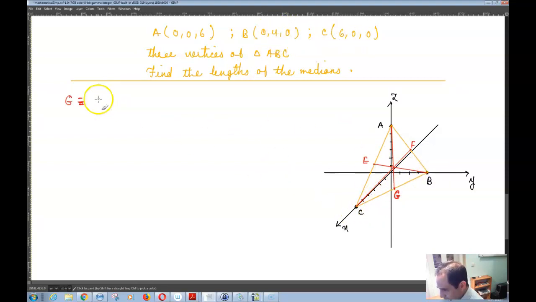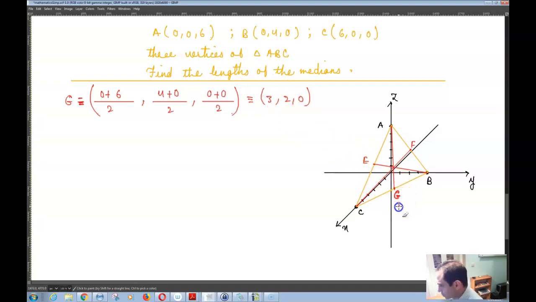Halfway between B and C would be (0 plus 6) divided by 2, (4 plus 0) divided by 2, and (0 plus 0) divided by 2, which is the same thing as (3, 2, 0). This point is (3, 2, 0).